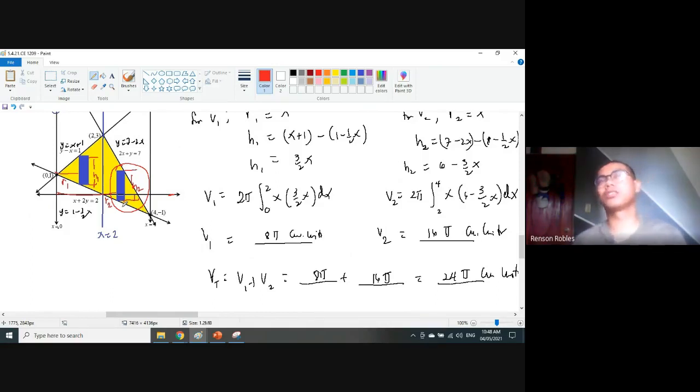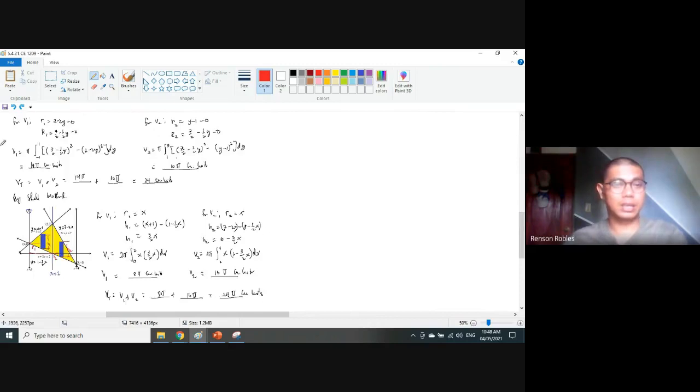So what do you think? If this happens, you still need to choose one half of y upper plus y lower. But we will be using the horizontal element. Then you'll have 2 centroids.